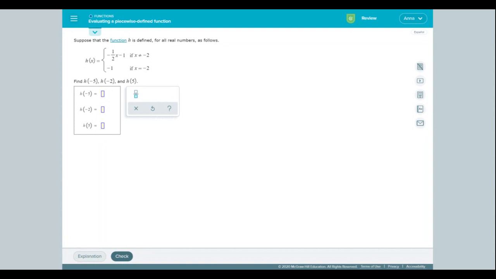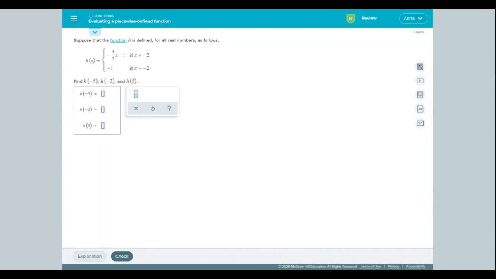So we take -1/2 x and replace x with -5, minus 1. Remember, any whole number I can rewrite as a fraction by putting it over the number 1, so that's -5 over 1. Then I multiply -1/2 times -5 over 1, which gives me -1 times -5, which is +5, over 2 times 1, which is 2.